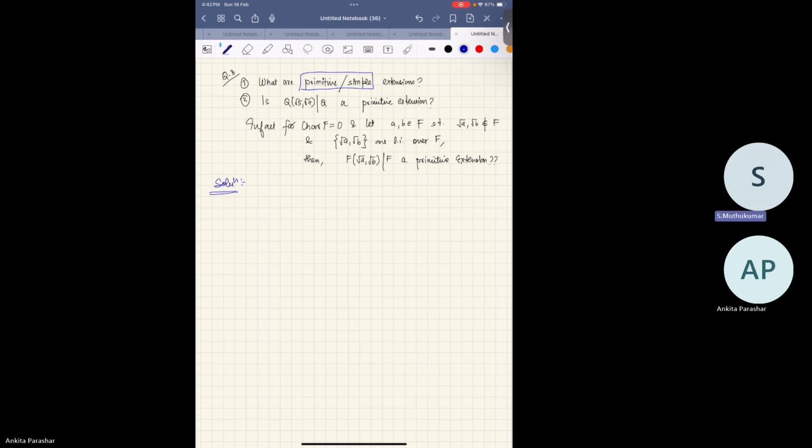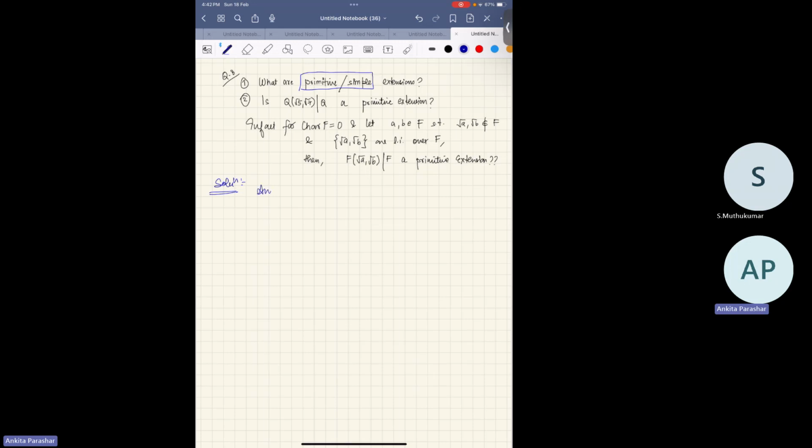I am yet to go through this concept. Okay, simple extensions. All right. I have not even decided to discuss those extensions yet. Okay, let me just simply give this definition. This is not very hard.